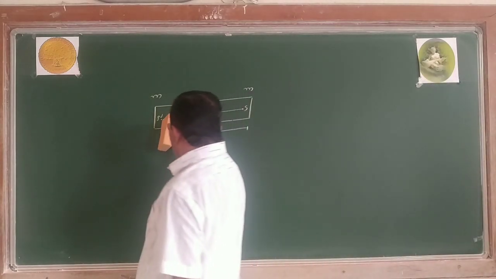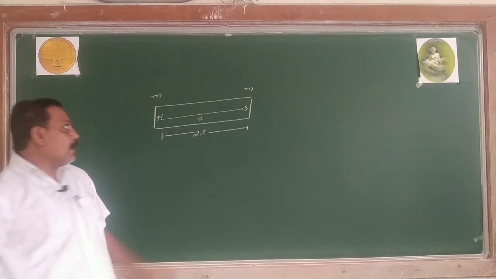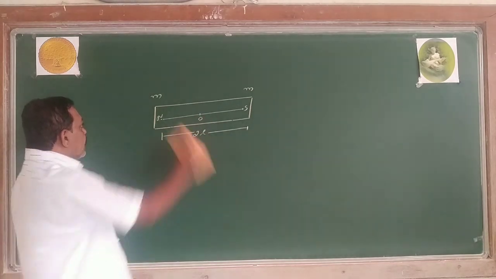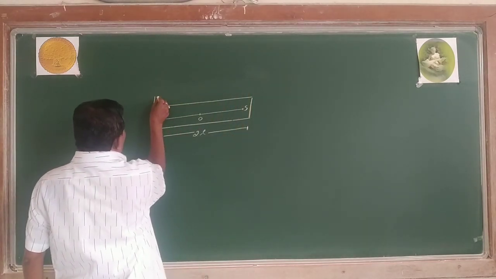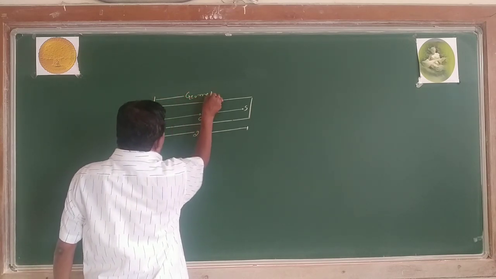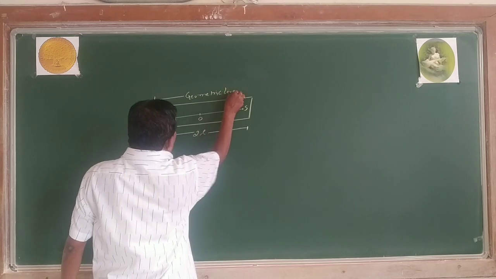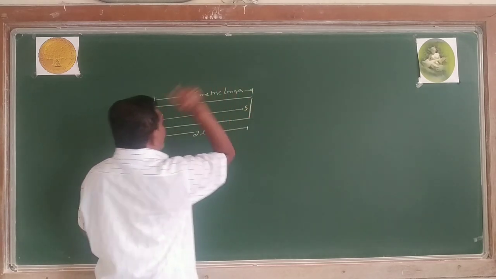The separation distance between north and south is the magnetic length, and the length between the two ends of the magnet is called the geometric length.